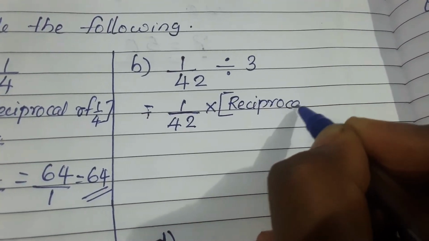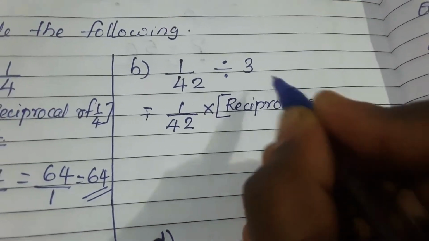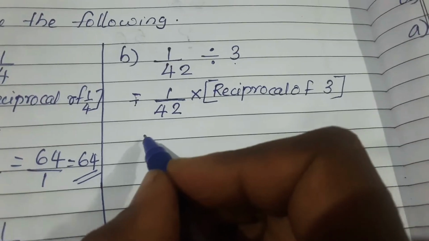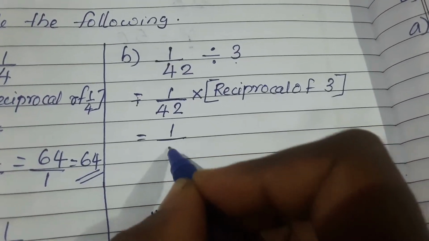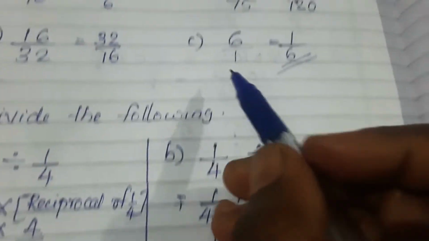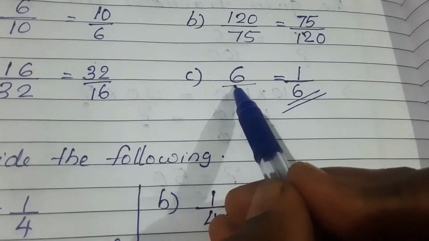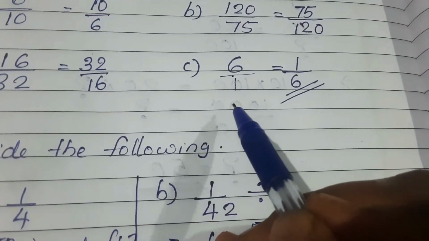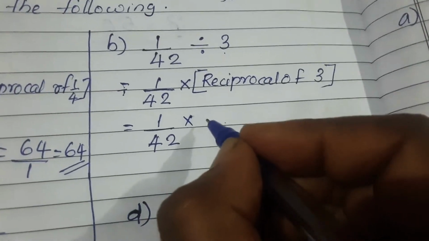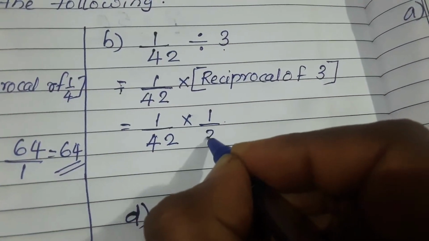So here the reciprocal of the second one is the reciprocal of 3. Children, just now we learned reciprocal of 6 means 1 by 6, reciprocal of 50 means 1 by 50. So what will be the reciprocal of 3? 1 by 3. Correct answer.